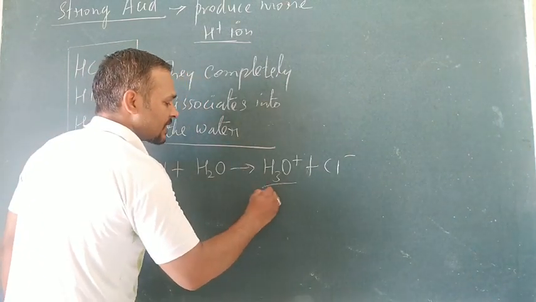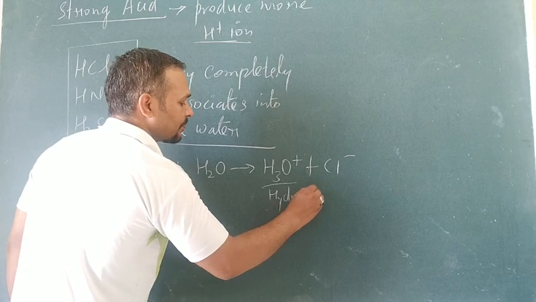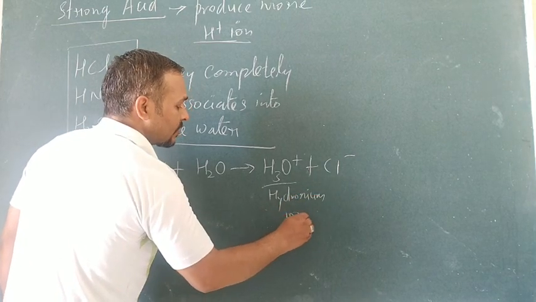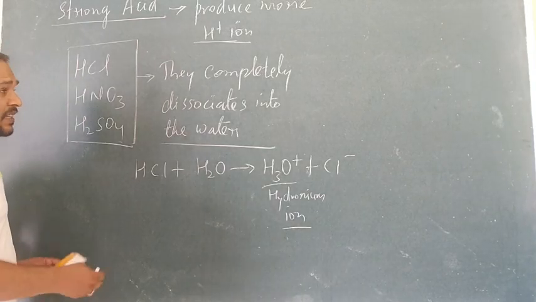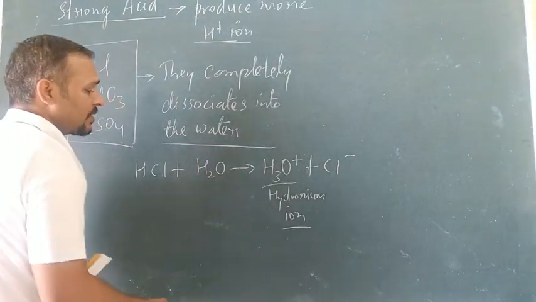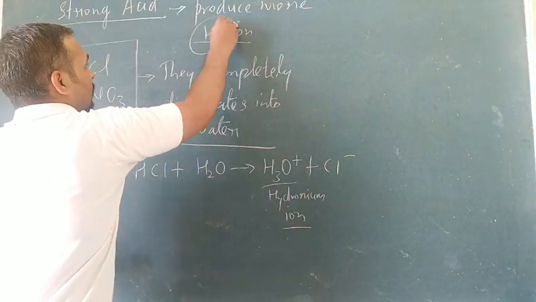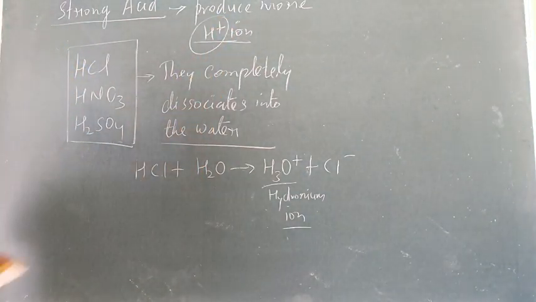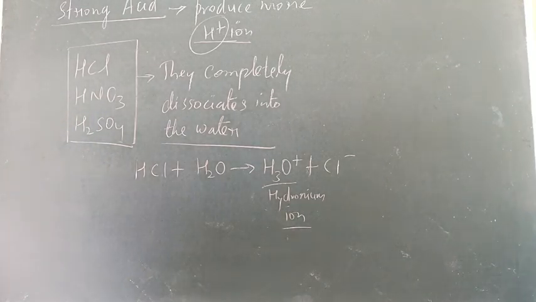That means this is the hydronium ion. So they completely dissociate into the water. That means they produce more hydronium ions or more H plus ions into the aqueous solution. That is why they are called strong acids.